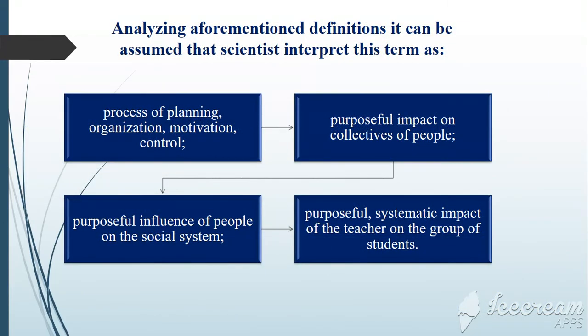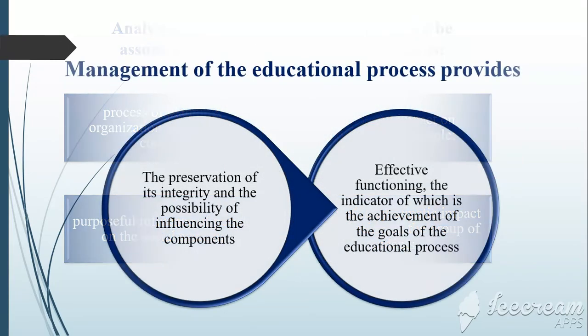Analyzing the aforementioned definitions, it can be assumed that scientists interpret this term as process of planning, organization, motivation, control, purposeful impact on collectives of people, purposeful influence of people on the social system, purposeful systematic impact of the teacher on the group of students.